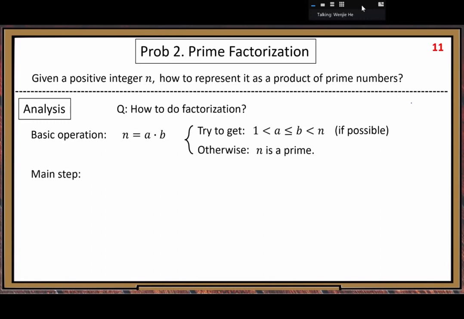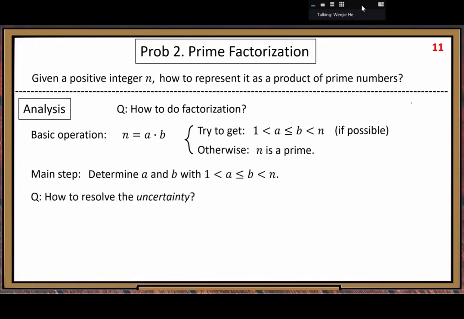The main step here is to determine A and B with A in this range, under this constraint. Question: how to resolve the uncertainty? Because there is too much uncertainty here.